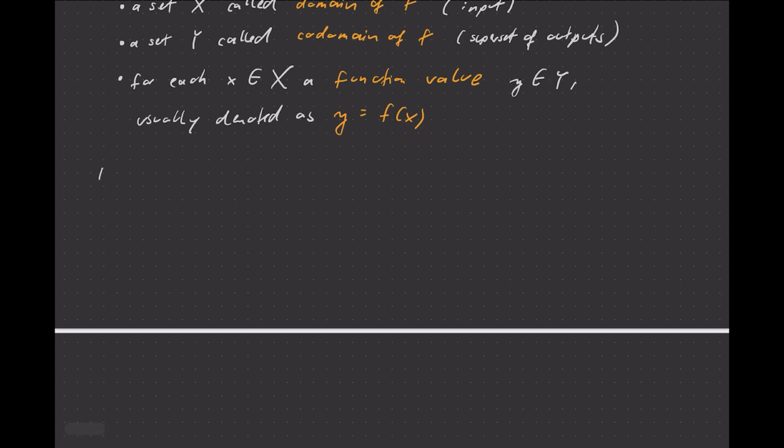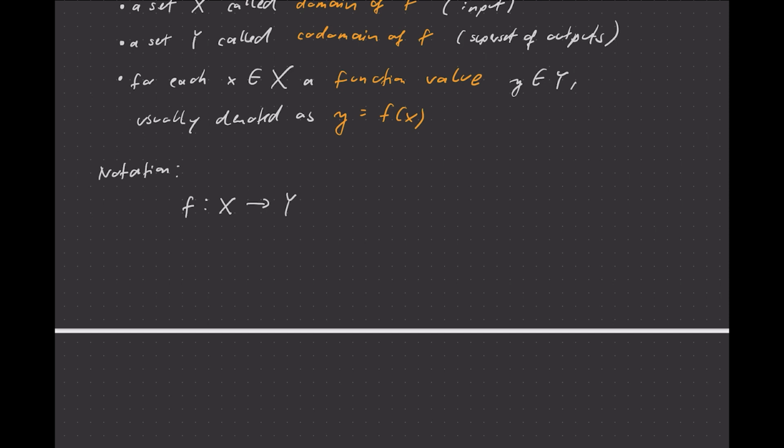Now for notation, a function is usually denoted by giving these three describing values in some way. The domain and the codomain are the easiest to define. So what you usually write is I have a function named f that maps from the domain x, and then you write an arrow to the codomain y.